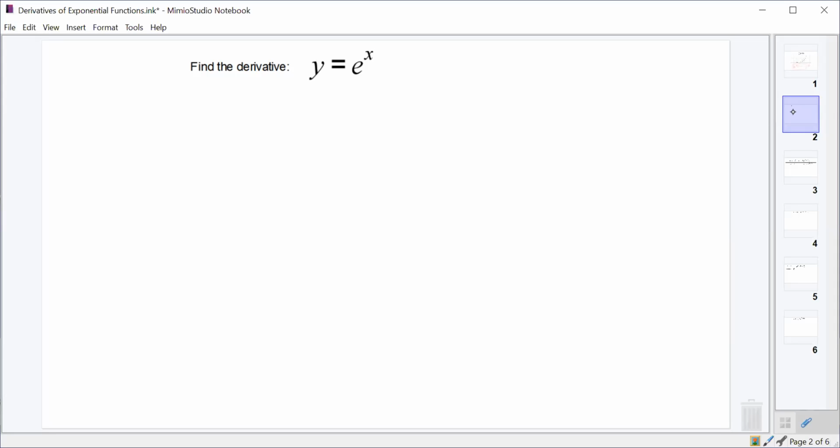So how are we going to get the derivative of e to the x? It's not just a power rule problem, right? Power rule would be x to a power, right? If I had x to the e, I could take the derivative of that. That'd be e times x to the e minus 1, right?